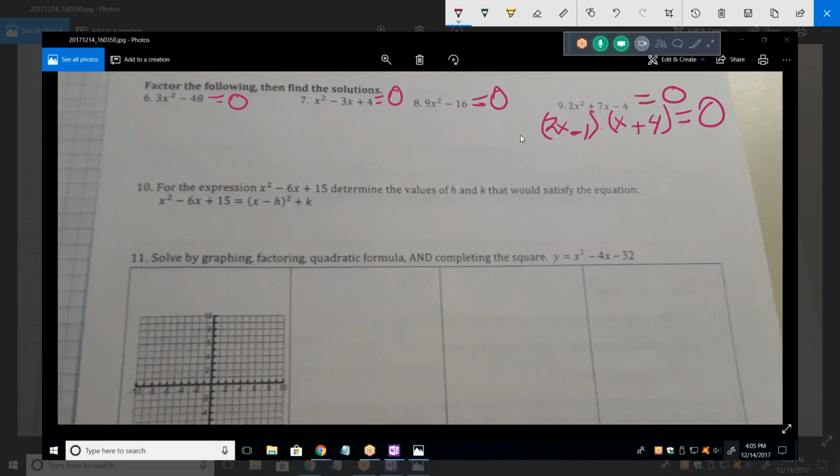The key: one of these has to be 0. That's the only way you can do it. You can't name me 2 numbers other than 0 that multiply together to equal 0. So once I have 2 things multiplied together equaling 0, I just set each one of them equal to 0 and solve. What's the solution to that part?